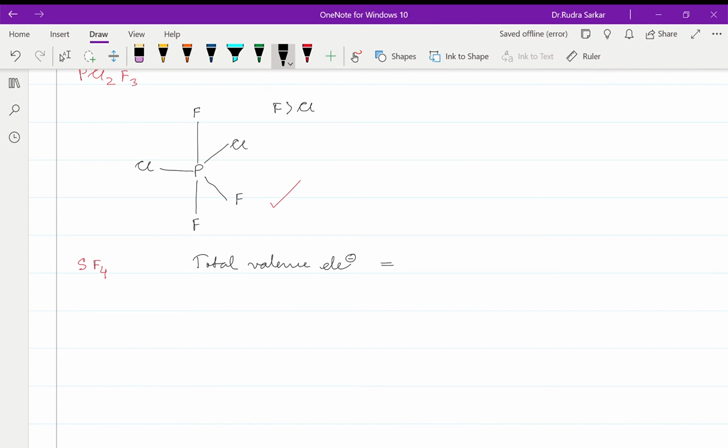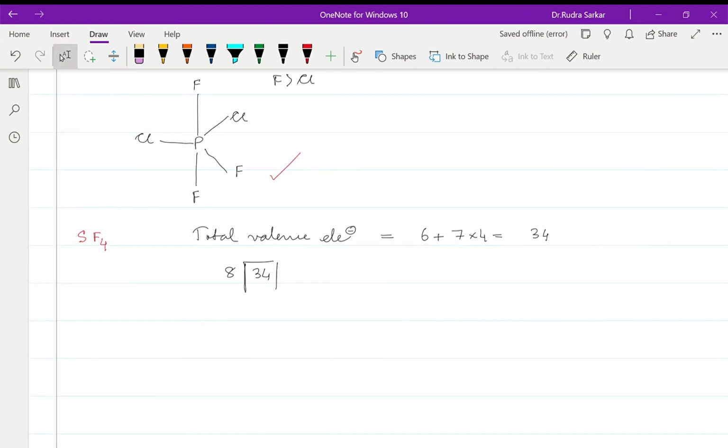For sulfur we have 6 and fluorine 7 into 4, and that is going to give you 28 plus 6, which is 34. 34 is a number greater than 8, so we will divide it by 8.